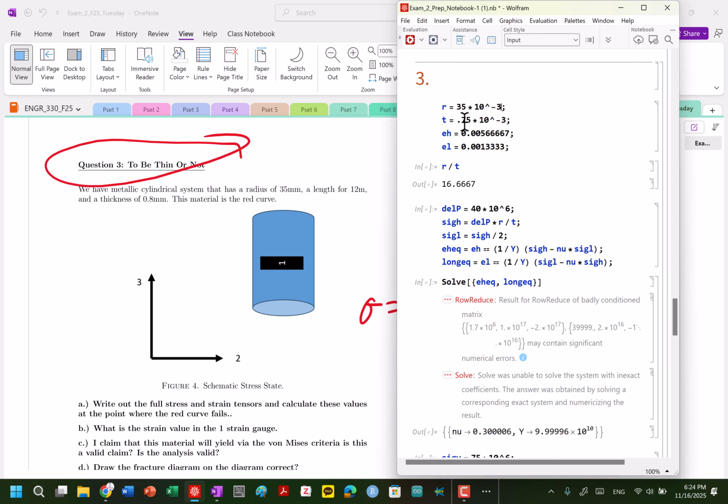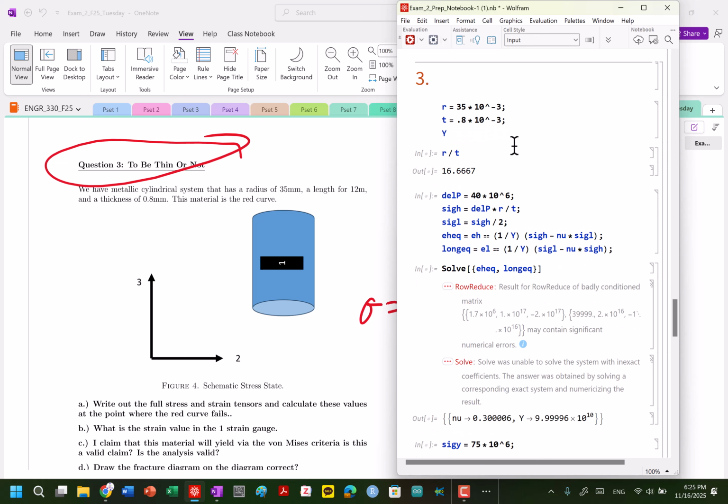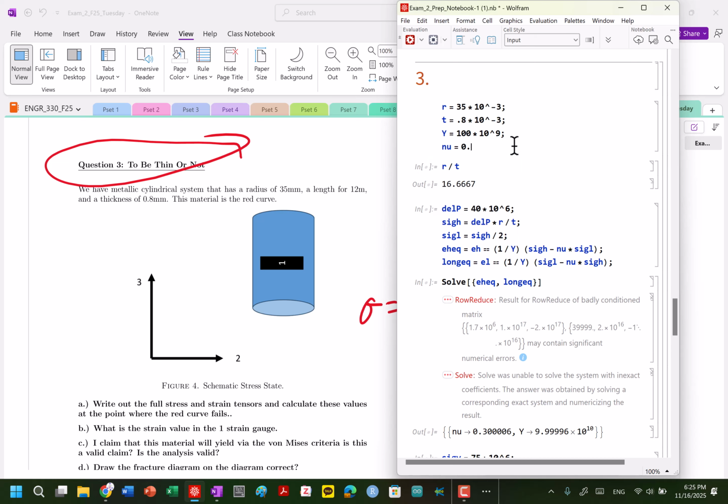Length, thickness is equal to 0.8. Materials red curve. We're also told that Y is equal to metal, so it's equal to 100 times 10 to the 9. We'll see our nu is equal to 0.3. So we can go ahead and solve for this problem here.